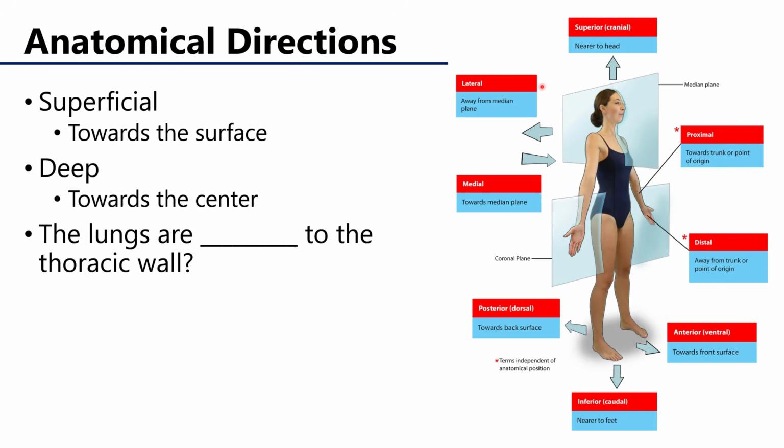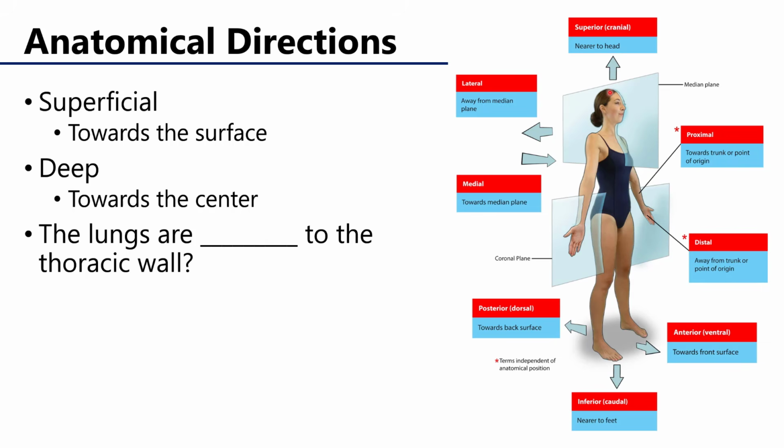Superficial versus deep references the layered aspect of the body. So deep would be nearer to the core, and superficial would be nearer to the surface. Keep in mind, superficial and deep can sometimes be used synonymously with many of the other anatomical directions. If you're talking about the top of the scalp here, this hair might be superficial to the skull, and it also might be superior to it.